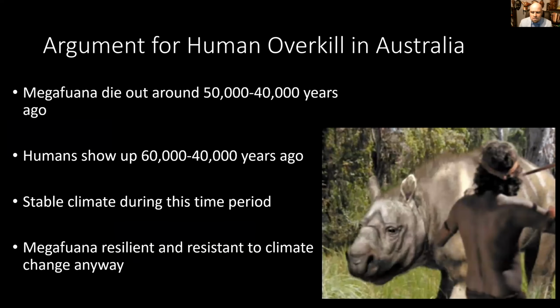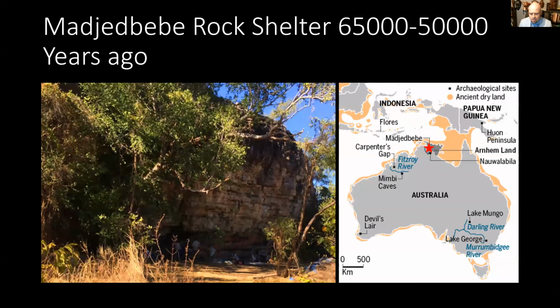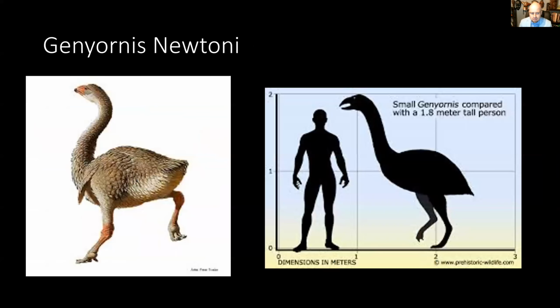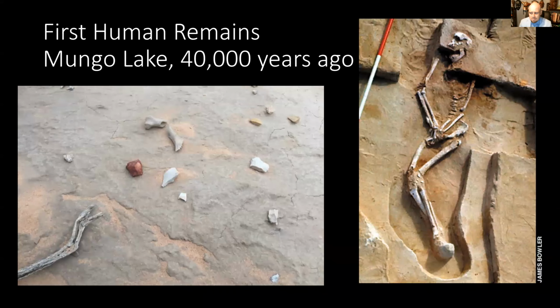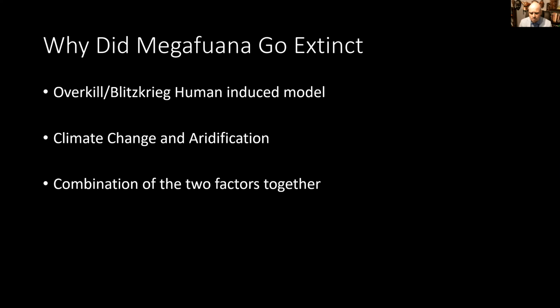Now, when we think about overkill, the other thing that's worth noting is the distinct lack of butchery or kill sites. We don't have any kill sites for these megafauna. We do have examples of broken eggs for these large birds, Genyornis newtoni, that have been dated and may relate to humans.